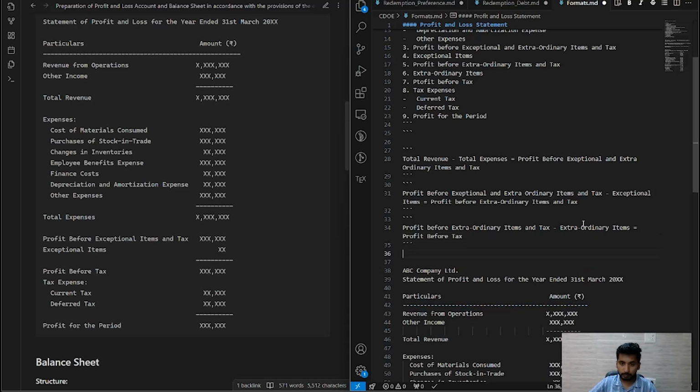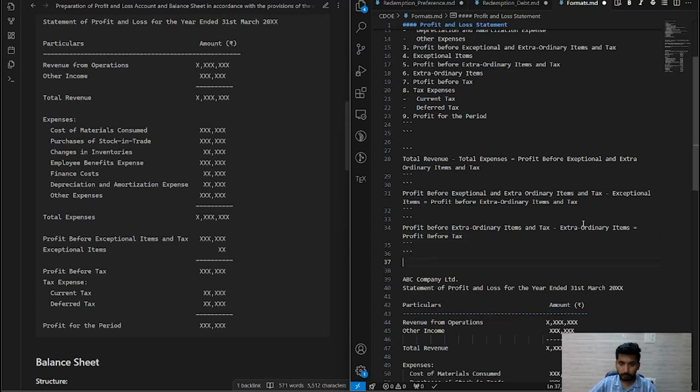Profit before tax minus tax expenses becomes my profit for the period.